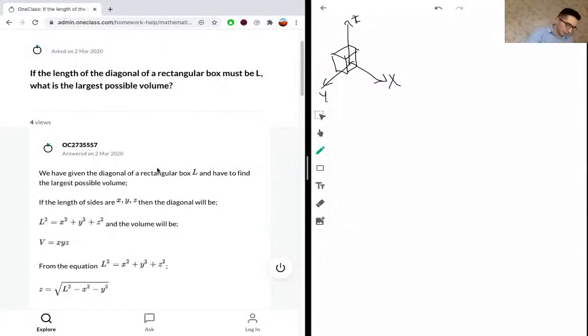So L would be the diagonal, so it would be from the origin to this point of the box. So it would be coming out of the page here, and I'll just make this in red. So from the origin to this point. So I'll make a bigger box just so it's a little more clear here.